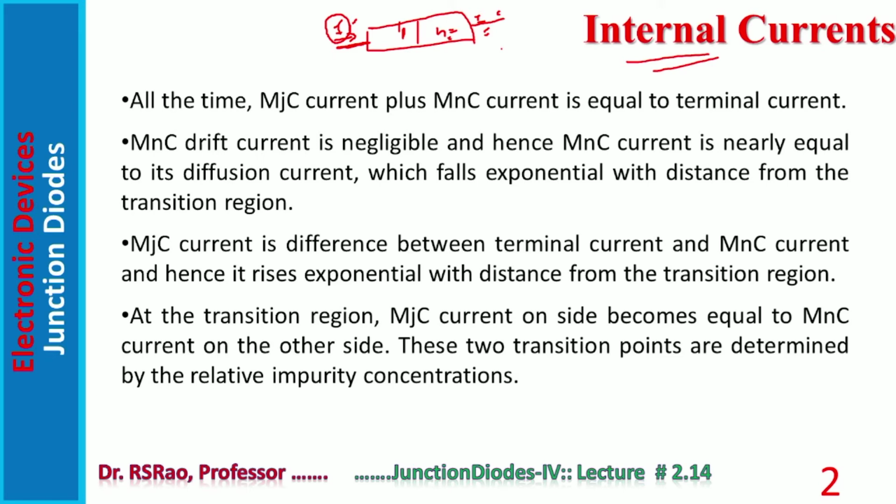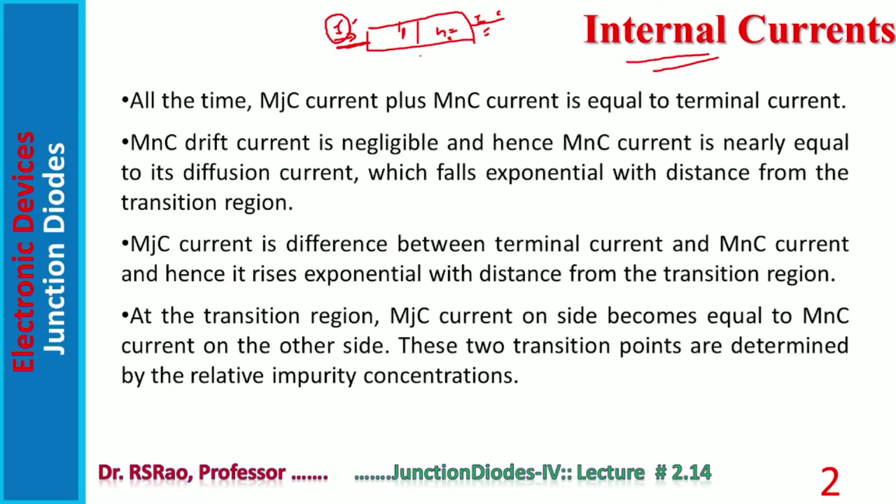One more point is required to be told. Both in majority carrier current and minority carrier current components, in each one again there exist two parts: one part due to drift, another part due to diffusion.